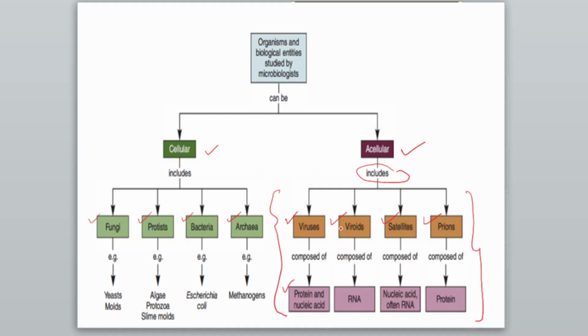Then viroid is composed of RNA. Similarly, satellite is also composed of nucleic acid only, and that too often RNA. That means mainly RNA is present in the satellite, and prions, protein. Clear? That was about the classification.